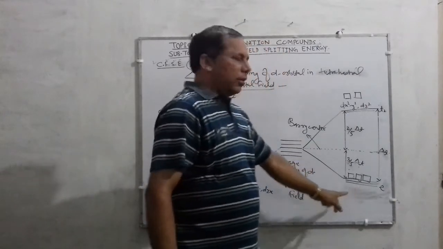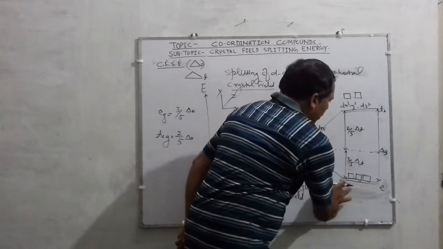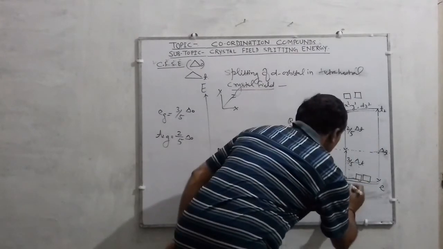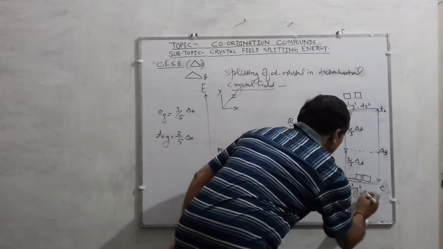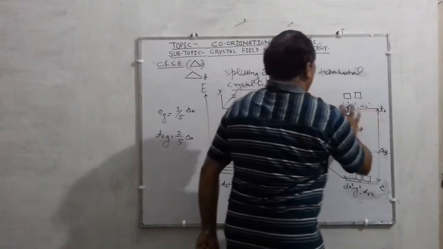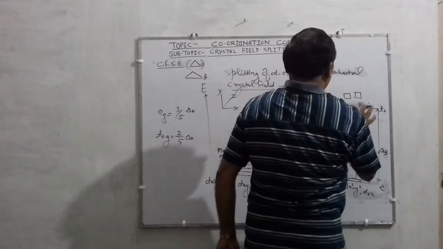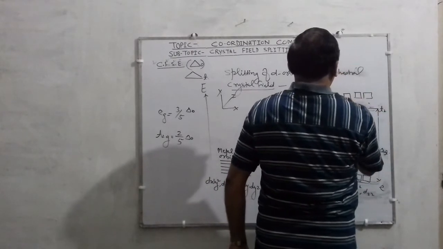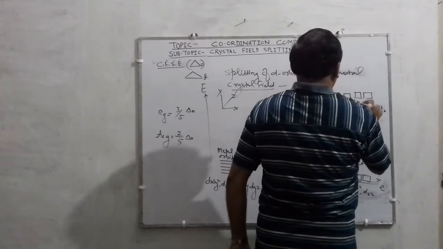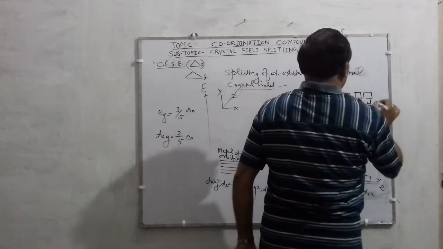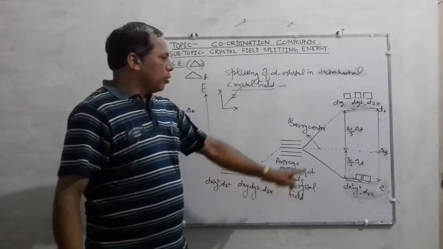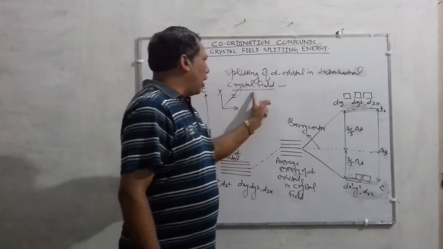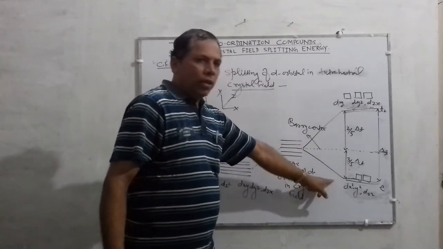The E orbitals will be two, dx² − y² and dz², and in the tetrahedral case, three orbitals will be here, dxy, dyz and dzx. So this splitting represents tetrahedral crystal field splitting.